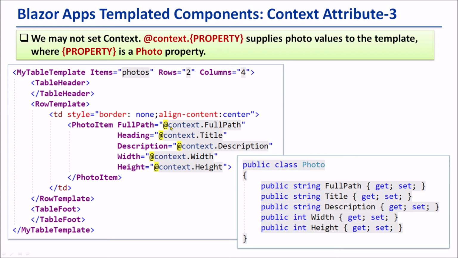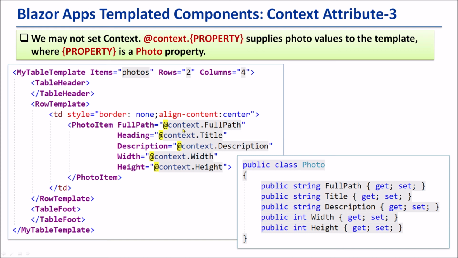For example, if I use context.FullPath, context.Title, context.Description, context.Width, and context.Height. Therefore, the context is just representing the photo item. In other words, the context attribute is representing the photo class to be displayed inside this row template. In the above two cases, I have used it explicitly, but in this case, I use it implicitly.